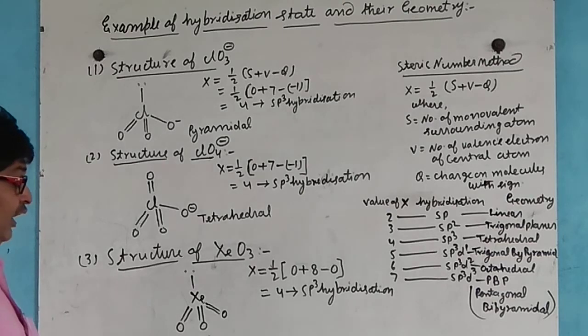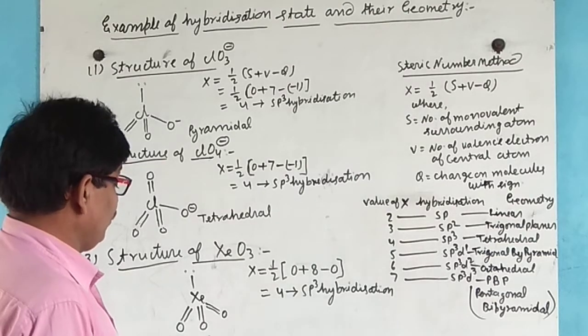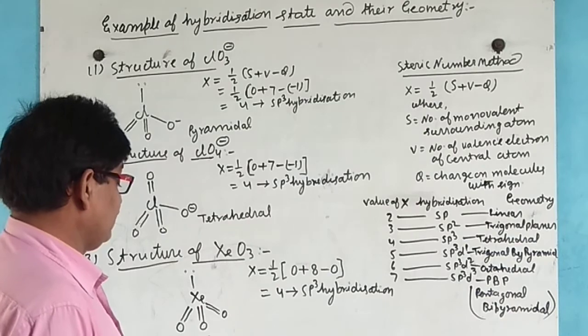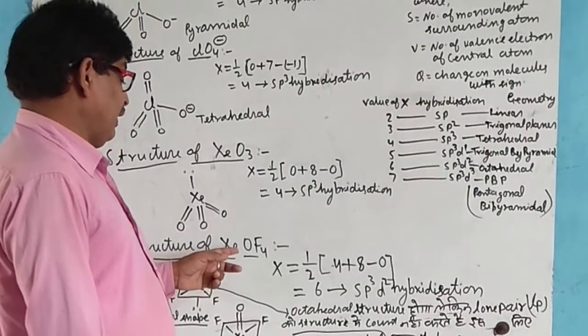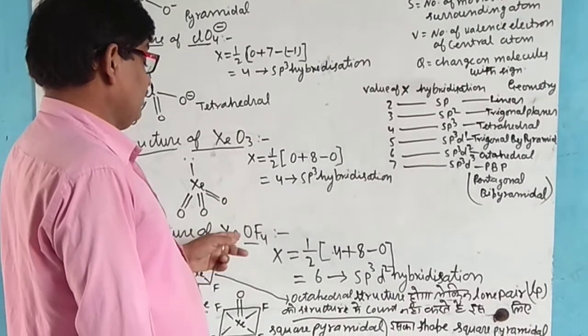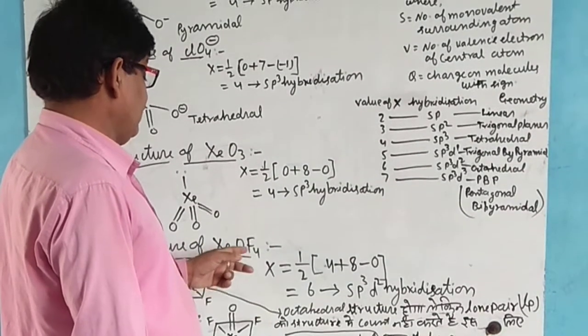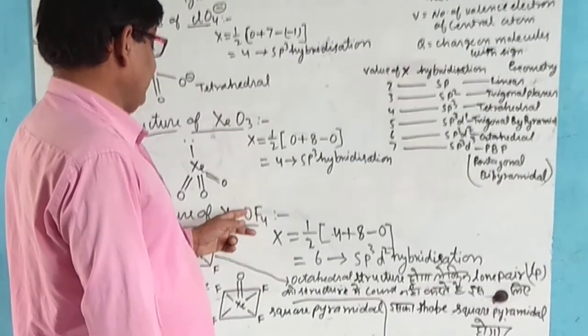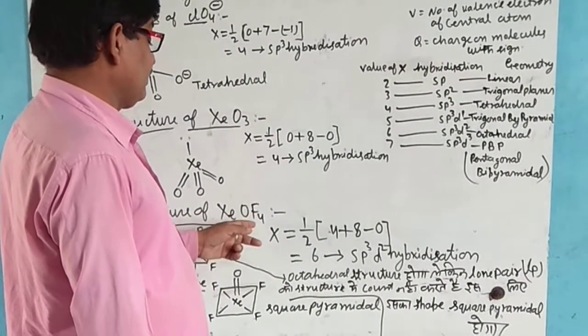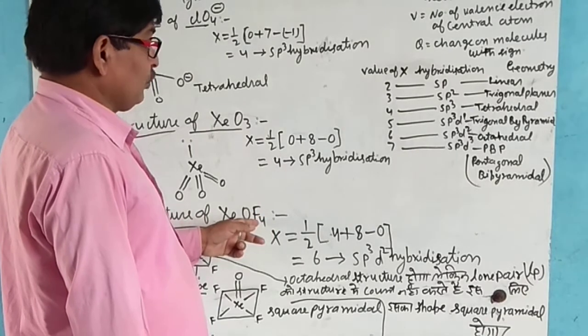Now the structure of XeOF4. Here X equals 1 by 2, the central atom is Xe and these are the surrounding atoms.